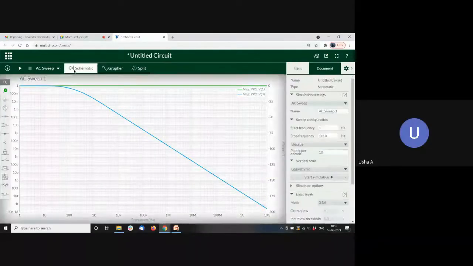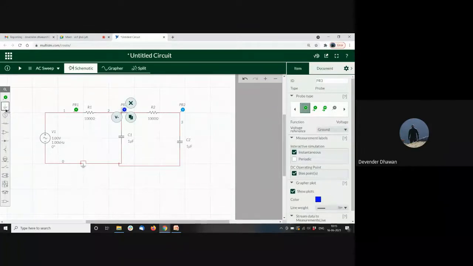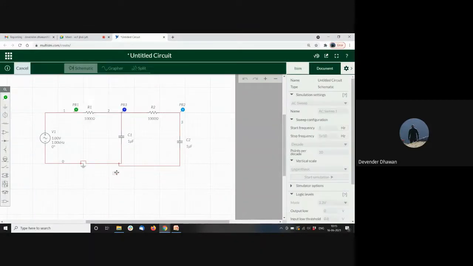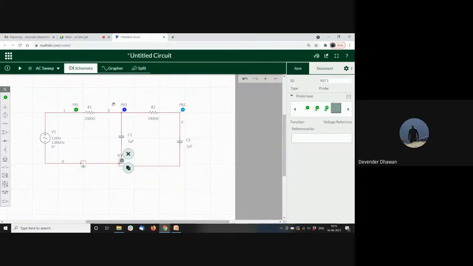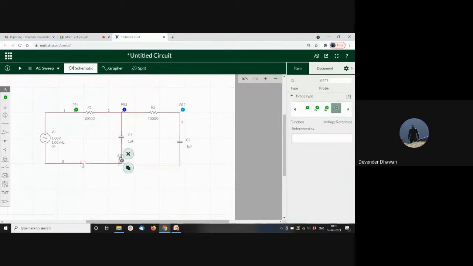Can we use two probes, one in the first order and one in the second order, so that we can visualize both? Yes, multiple probes. I can put a probe here, and again I will give it a reference. We don't need this.